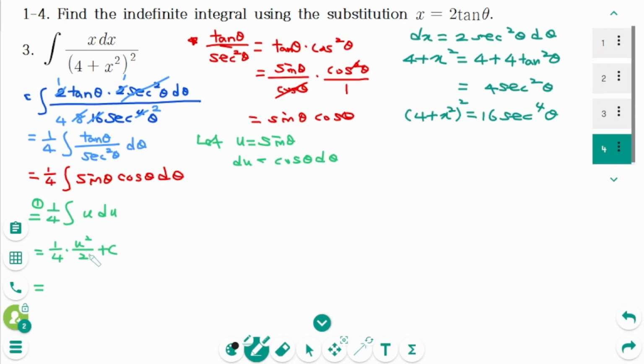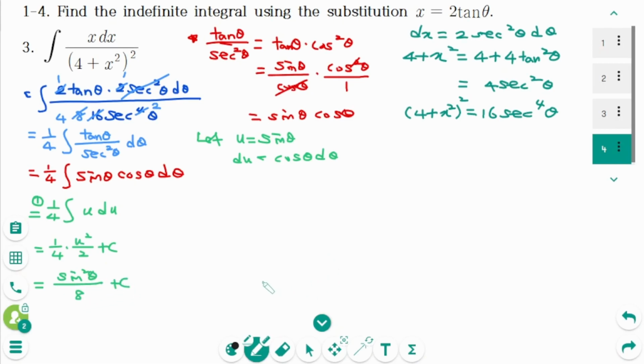Since u means sine theta, then sine squared theta over 8 plus c. And do you remember the right triangle we used in question 2?